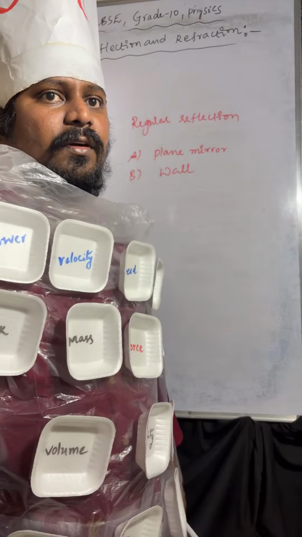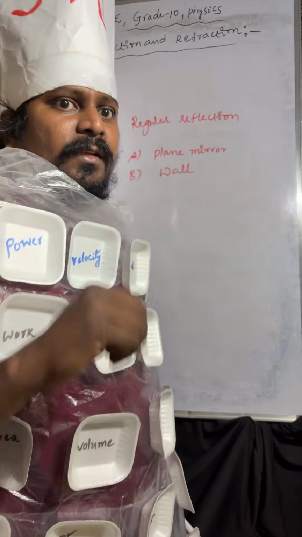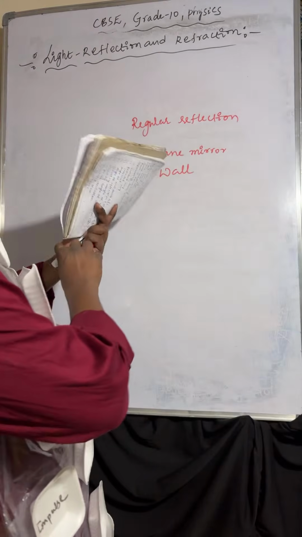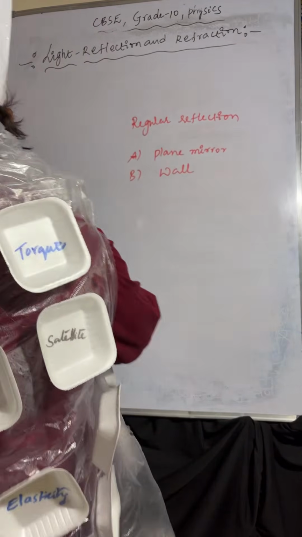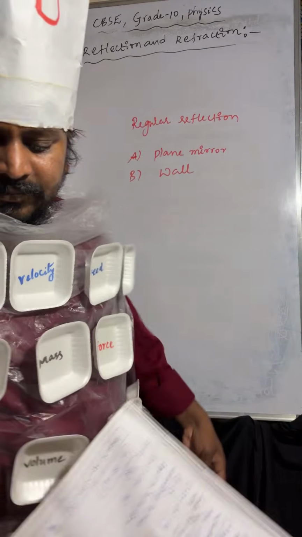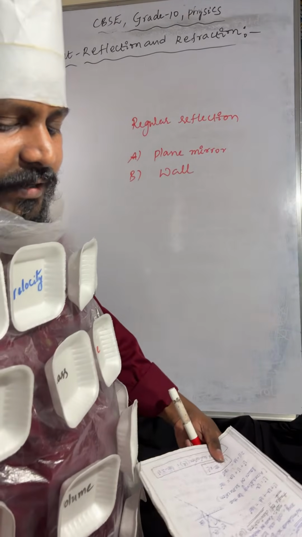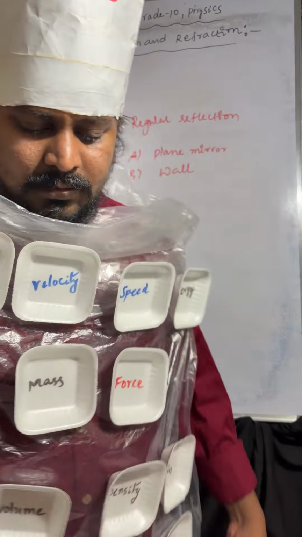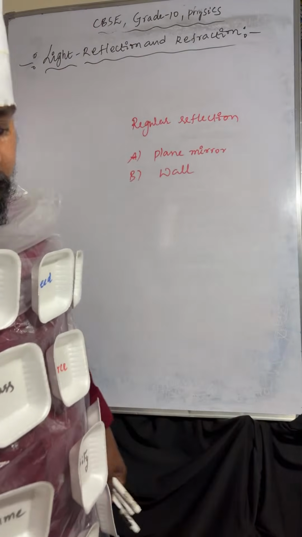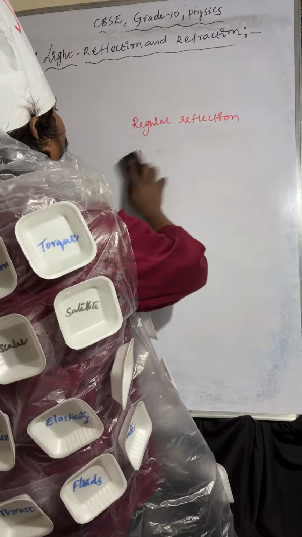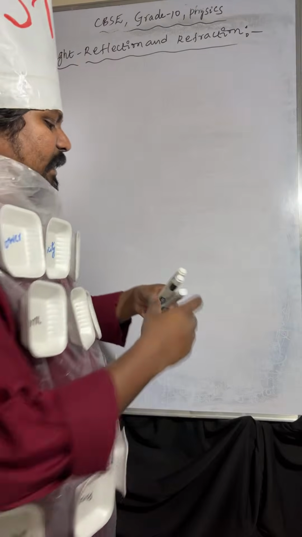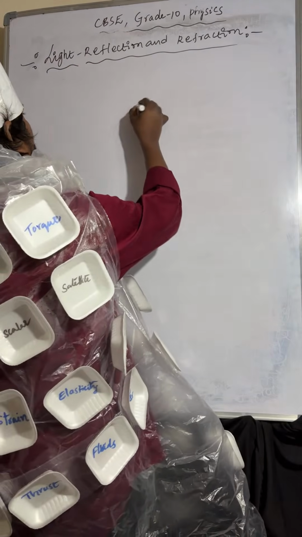Very good, only a few members answered. The answer is A. Correct. So plane mirror is correct. Regular reflection takes place on plane mirror.